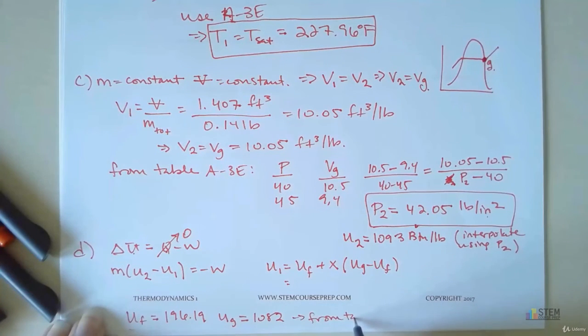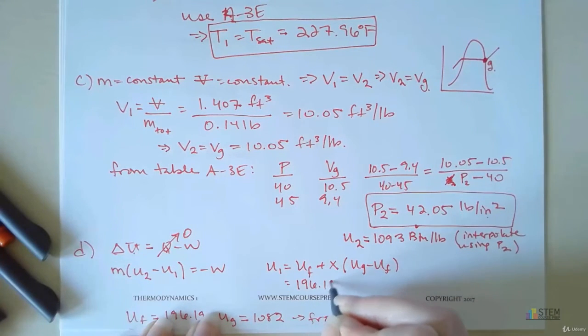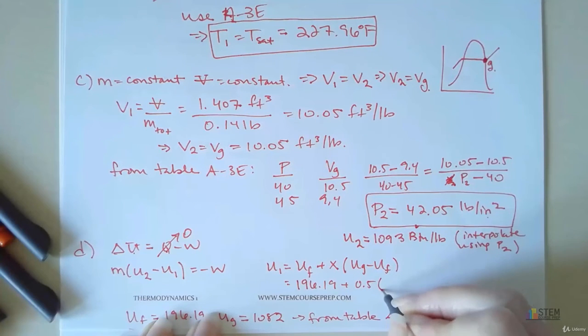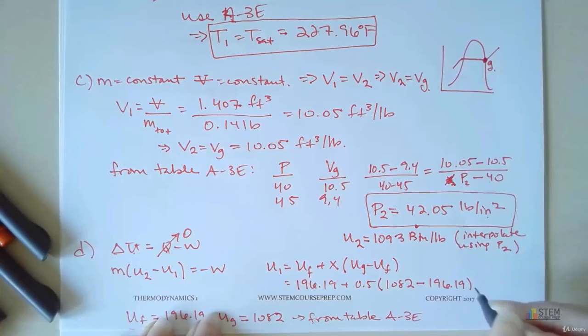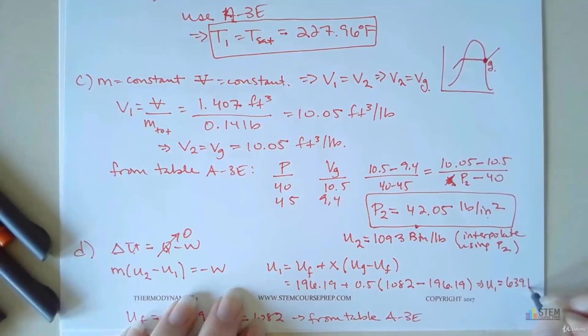So these are from the table A3-E. Plugging those in, you get 196.19 plus 0.5 times 1,082 minus 196.19. And U1 then is 639.1 BTU per pound.